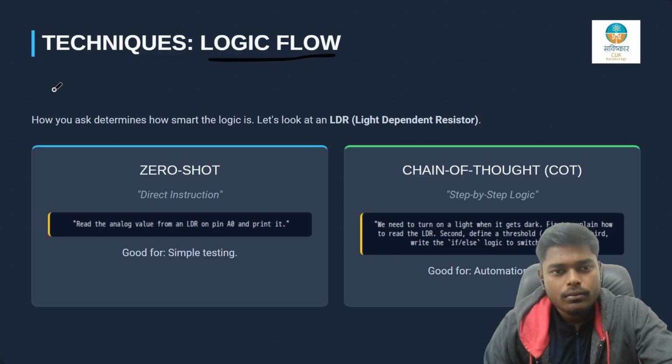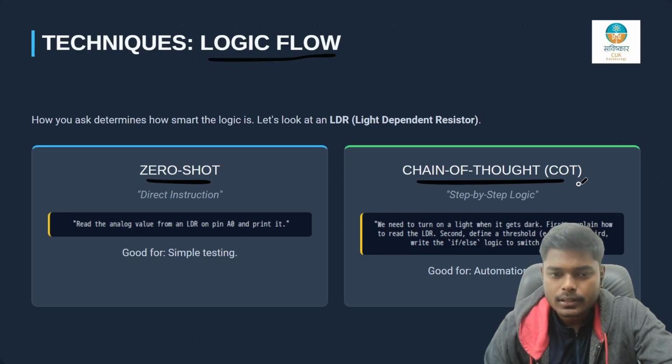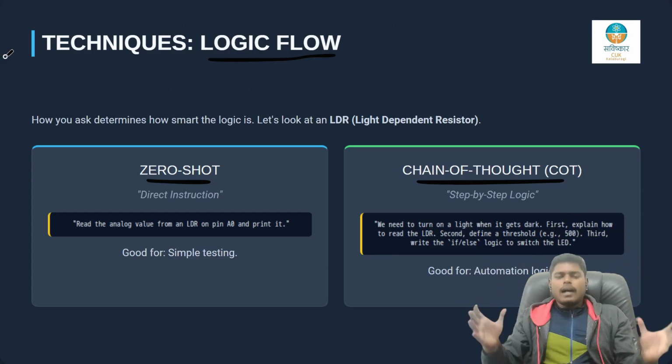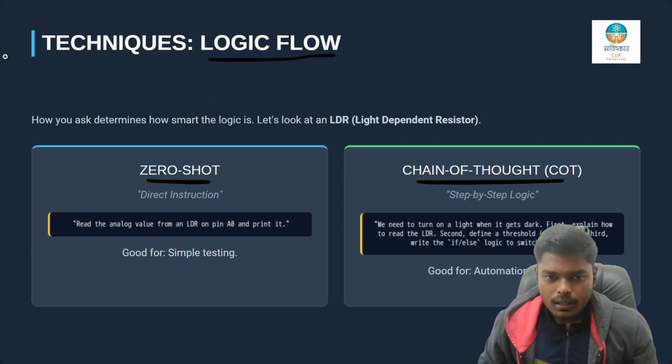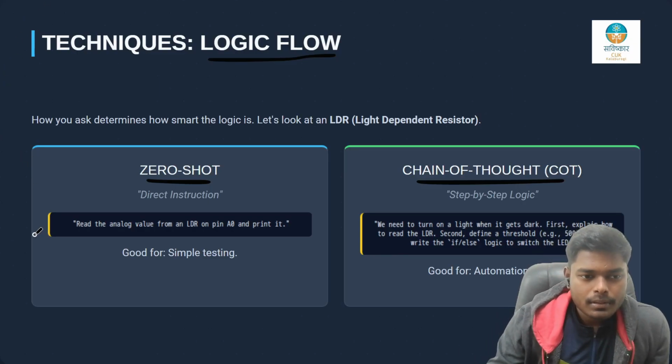This is about the zero-shot and chain of thought methods. Let's look at an LDR sensor, a light dependent resistor. In a zero-shot method, what does it mean? It's about giving direct instructions.